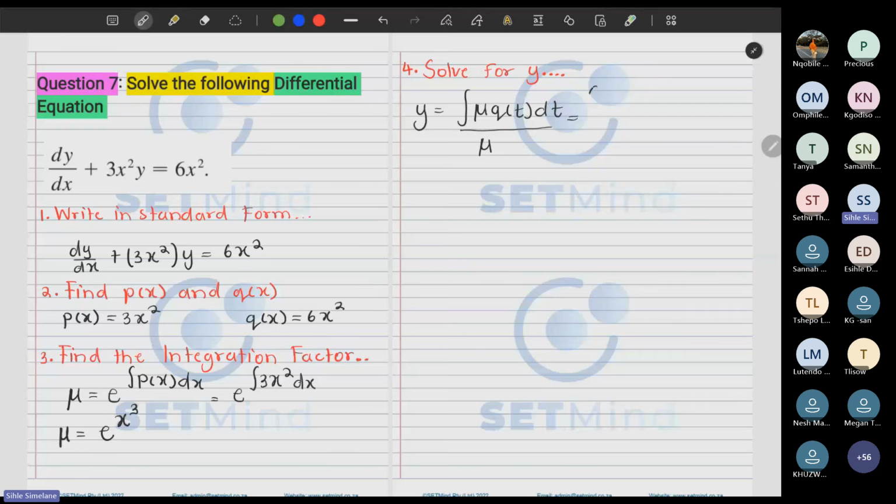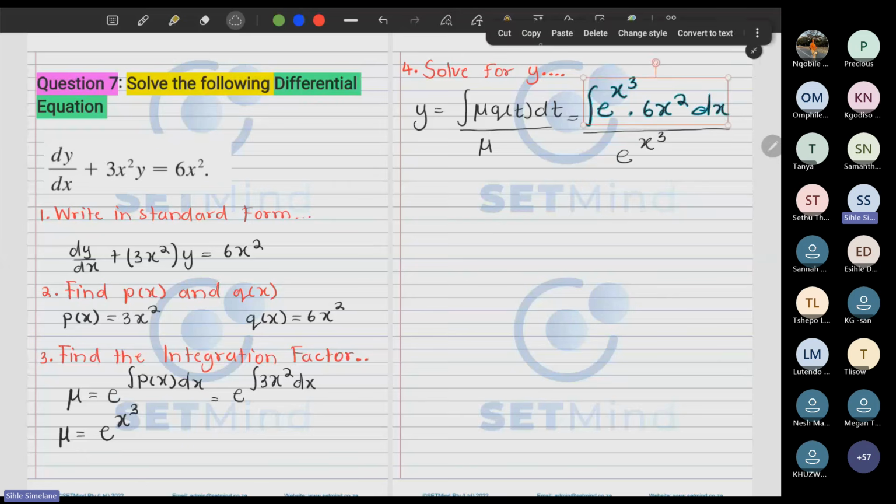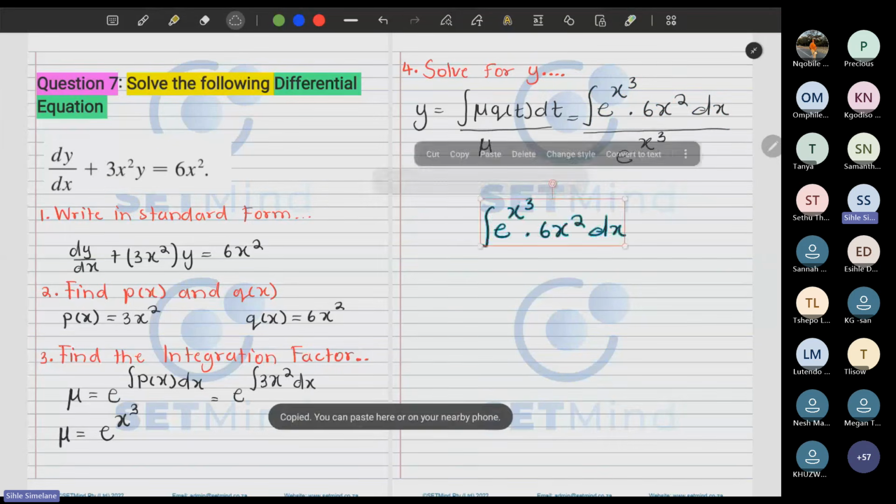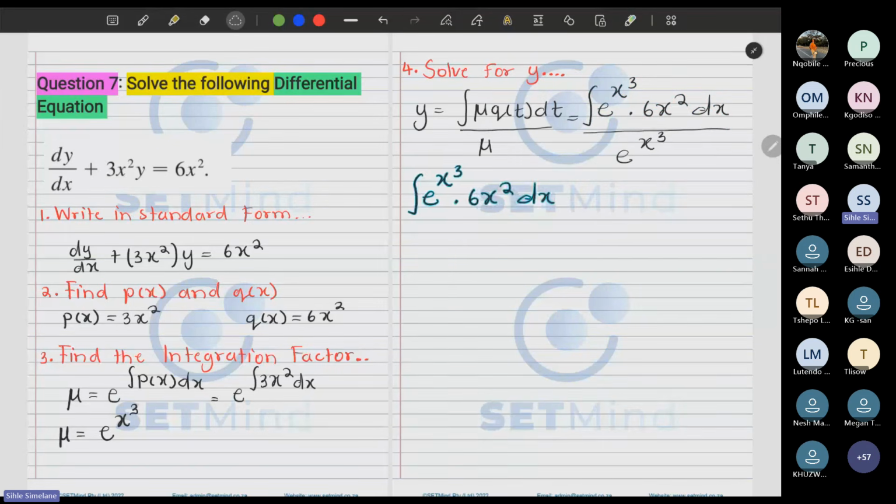So for our problem, what we have is the integral of e to the power of x cubed times 6x squared dx divided by e to the x cubed. So I want you guys to assist me to figure out what this integral is equal to. Let's take it down and focus on it.